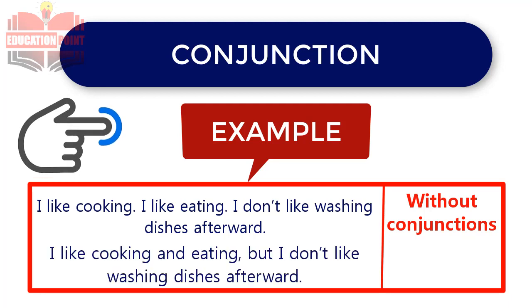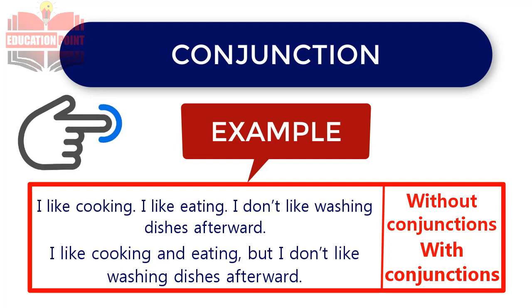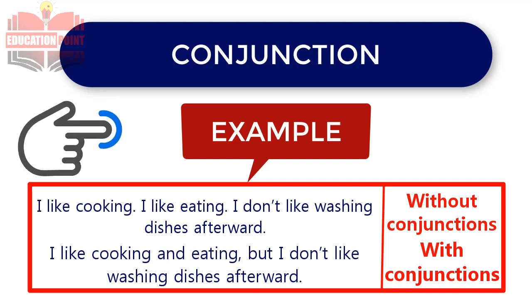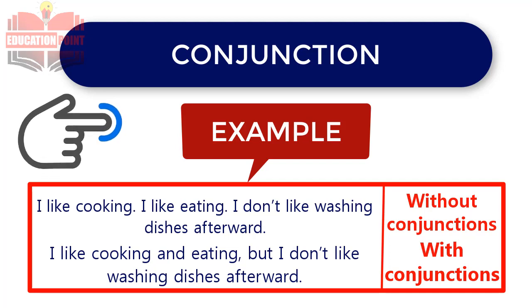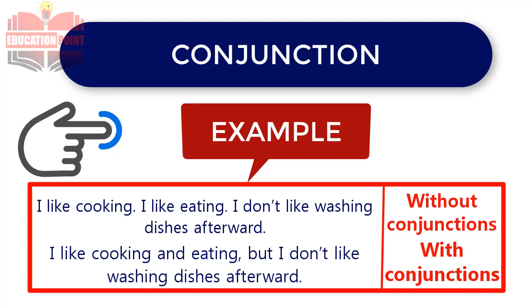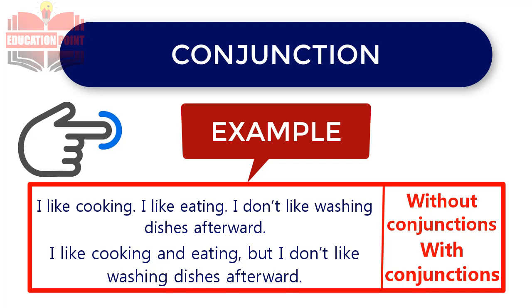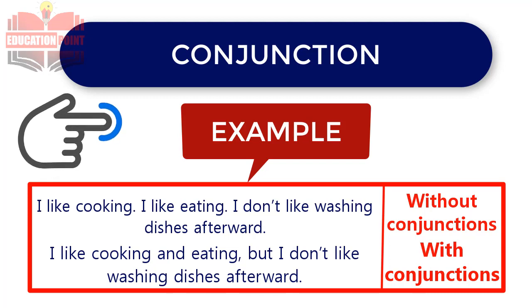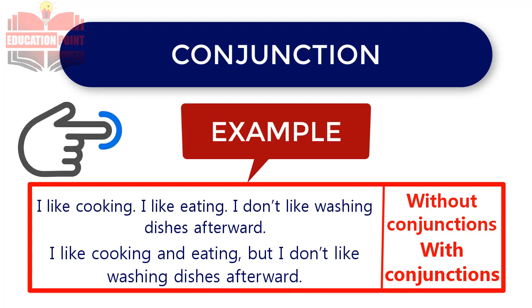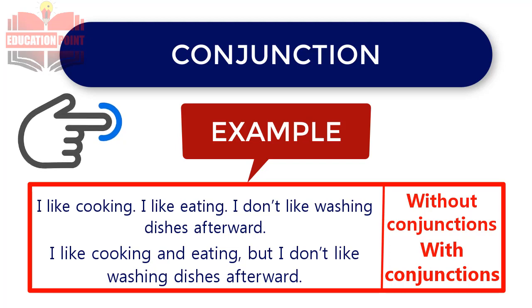Now let's see the same sentence with conjunctions. I like cooking and eating, but I don't like washing dishes afterwards. Here we can see the use of two conjunctions, and and but. This just helped to connect all of these 3 sentences together and make one proper sentence. So this is how conjunctions work.